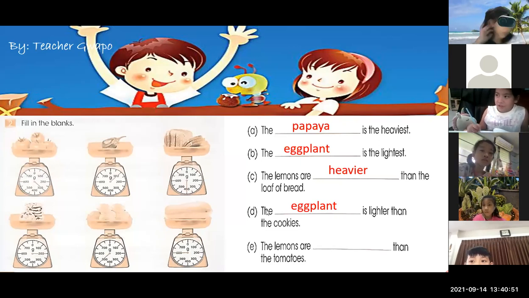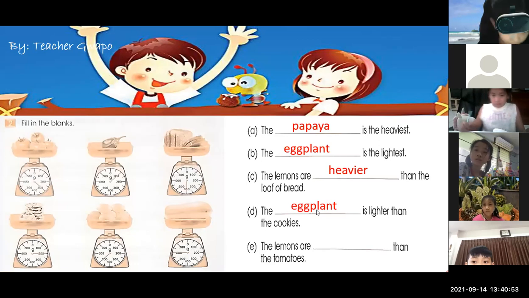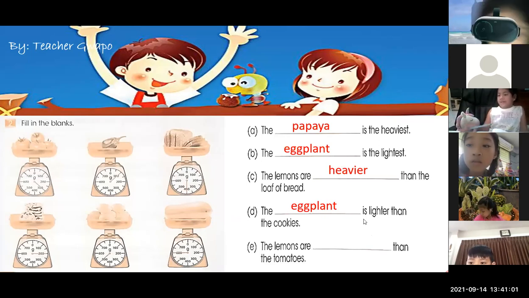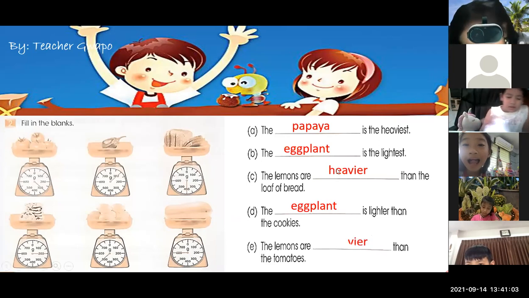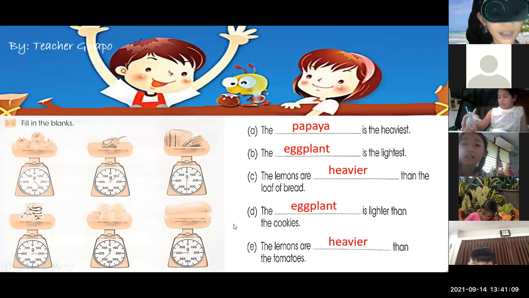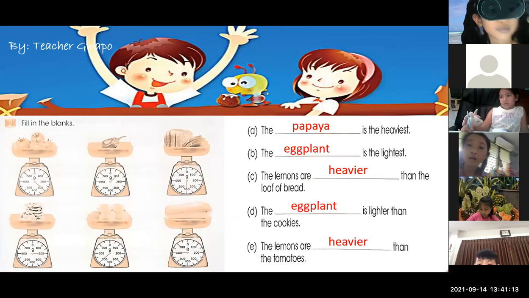The lemons are heavier. Okay. The answer here is heavier. I don't feel right about the eggplant. It doesn't look like an eggplant.